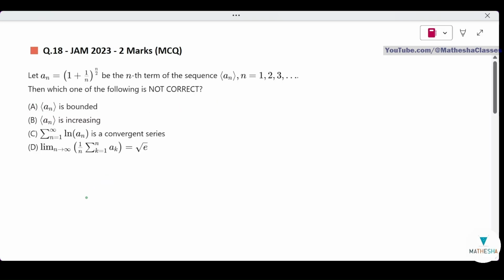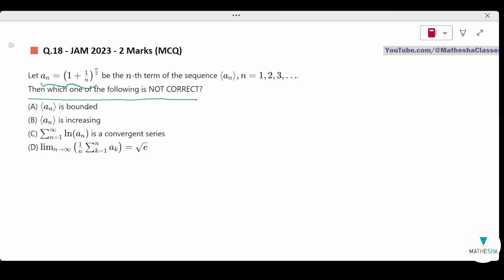It is from 2023. Here you have been given a sequence an equal to (1 plus 1 upon n) whole to the power n by 2, and you have been asked which one of the following is not correct, which one is wrong.